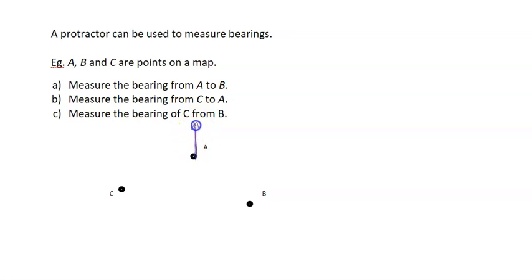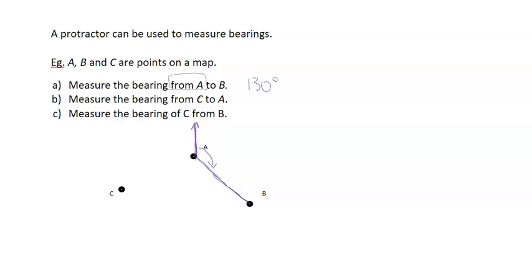That vertical line of north starts from A, because that's where we're going from, and we want to measure that angle to B. So we've got to go from north clockwise, measuring that angle to B, and you should have gotten 130 degrees, roughly.